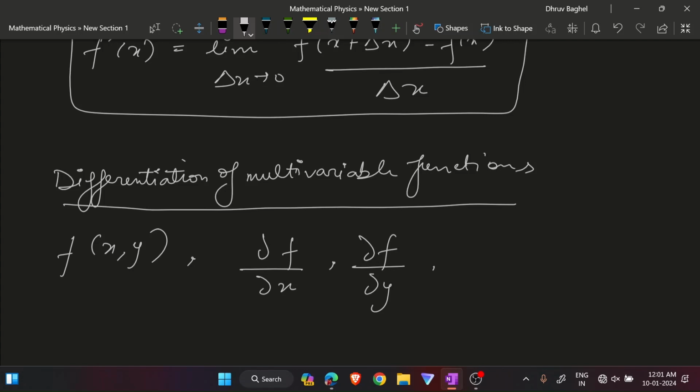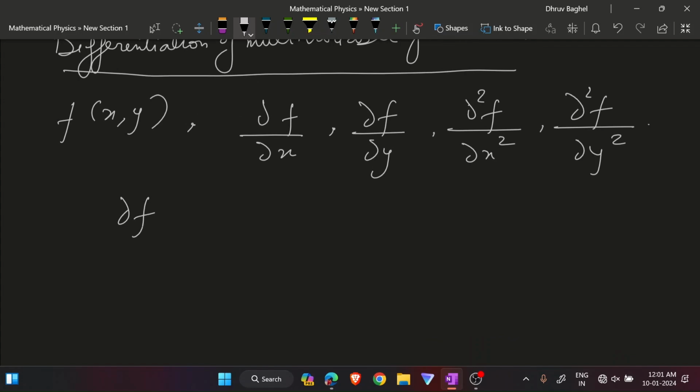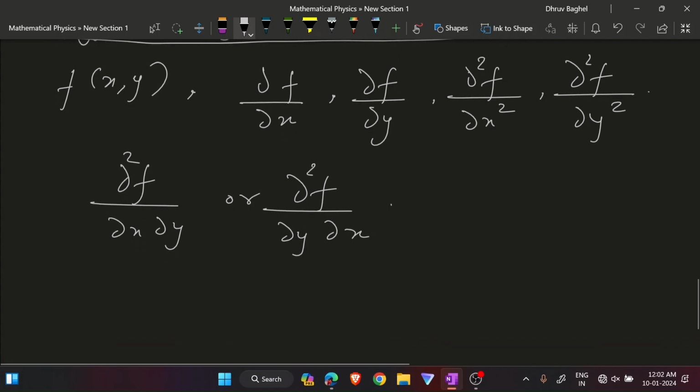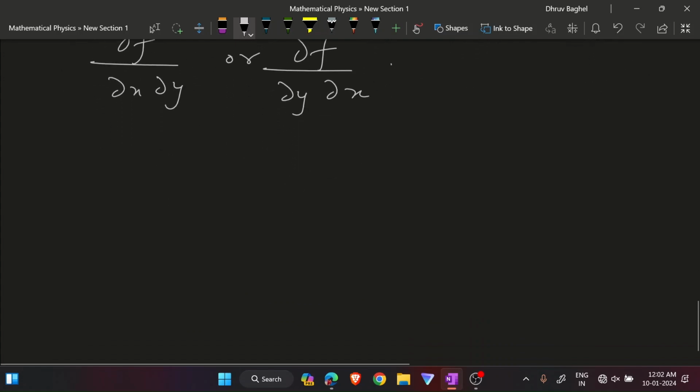Double derivatives can be represented as del 2f by del x squared, del 2f by del y squared, like this. And one more derivative can be written as del 2f by del x del y. They may not be equal, but if the function is continuous and differentiable everywhere, these two are the same.